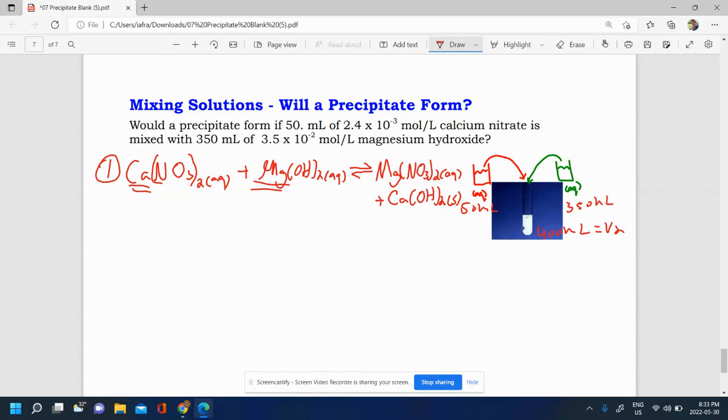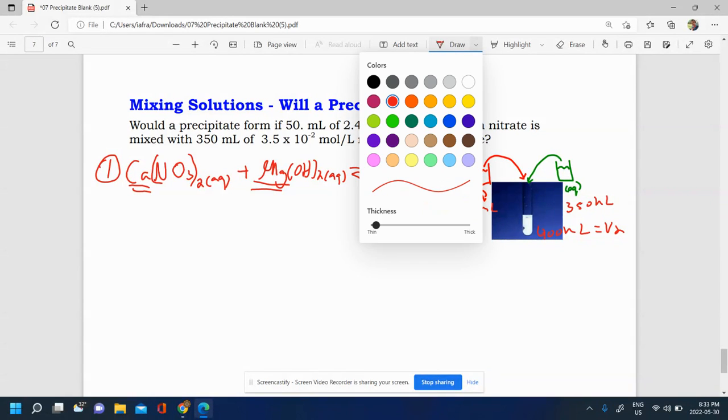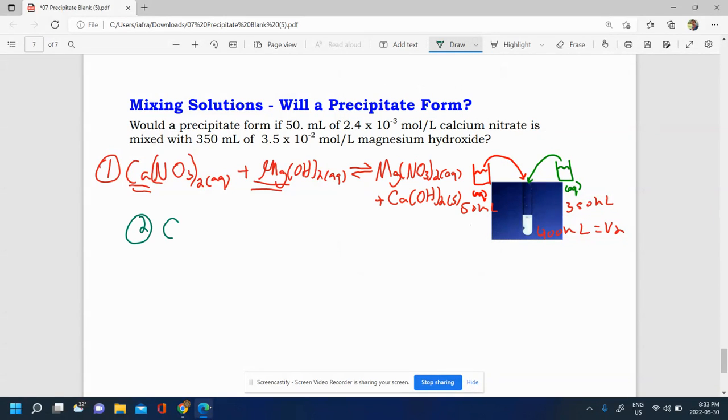So what I'm going to do is write a dissociation equation for that precipitate, and then try to find values to help me calculate the QSP. So let's go ahead and do that. So step 2, we have calcium hydroxide dissociating to form the calcium 2+ ions plus 2 hydroxide ions, because there's 2 hydroxides there.